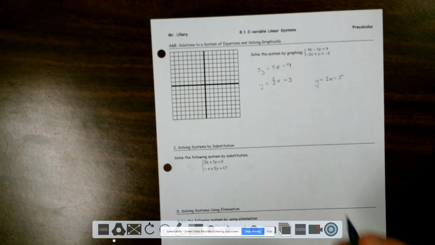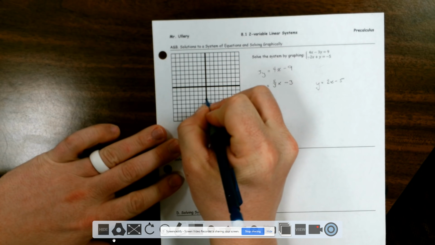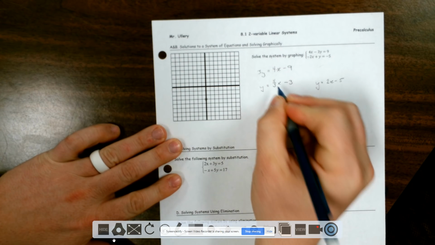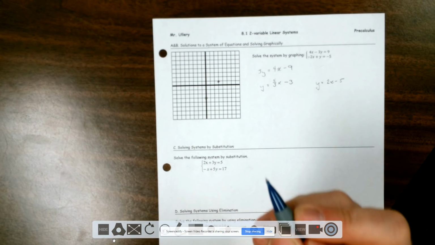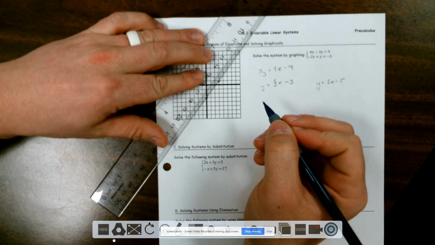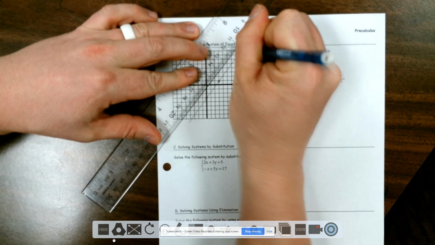So let's take a look at our y-intercept being negative 3 for our first line, and our slope being 4/3, so up 4 over 3, and it only takes 2 points to draw a straight line.